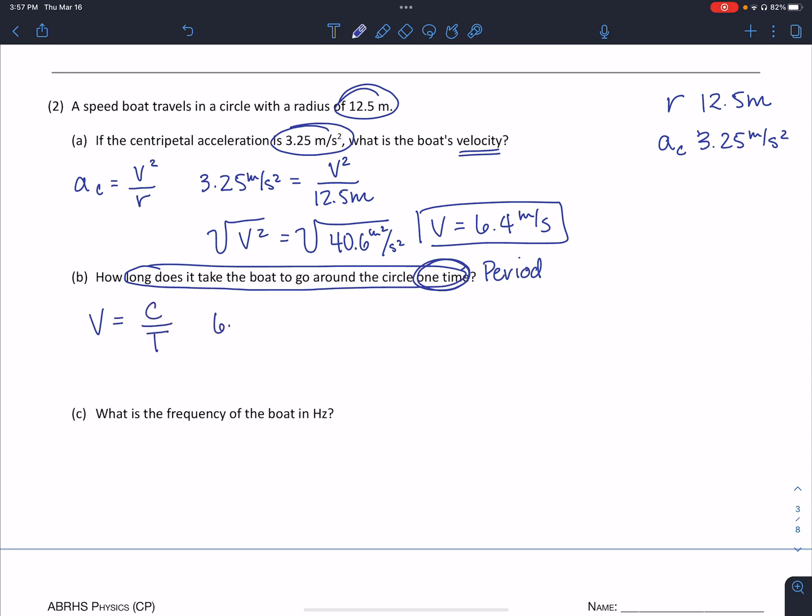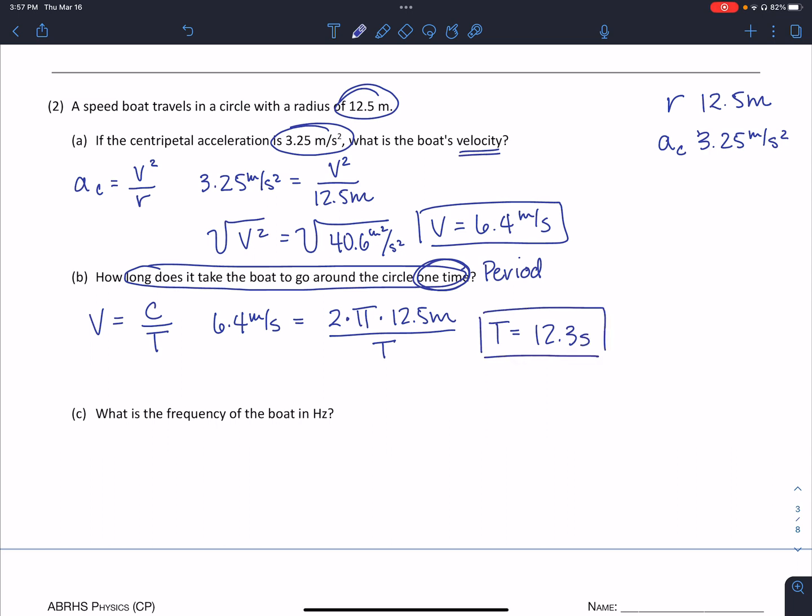So if I plug in my 6.4 meters per second for that velocity, and 2 times pi times my radius of 12.5 meters, divided by my unknown period, I can use my calculator to do some math, move the period to the top, divide both sides by the velocity, and the period for this motion is 12.3 seconds. So moving at this speed with this acceleration around this size of a circle, it's going to take me 12.3 seconds to get around one time.